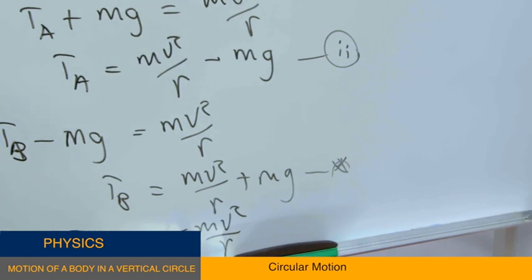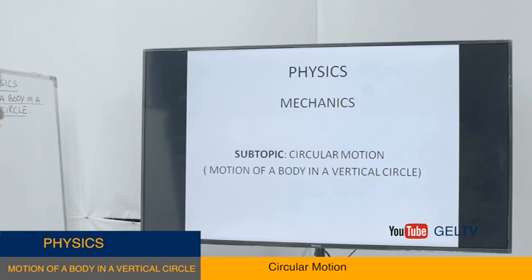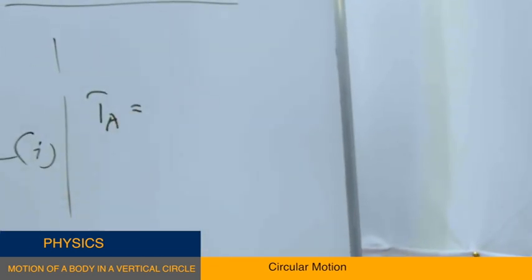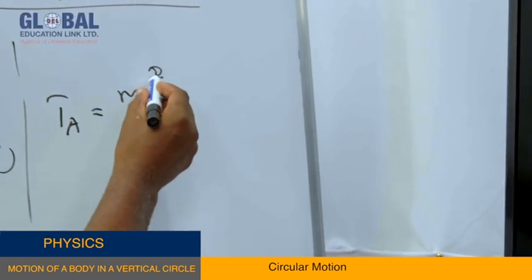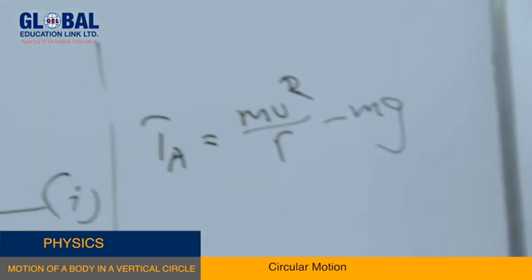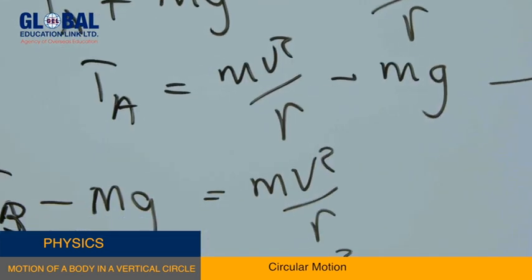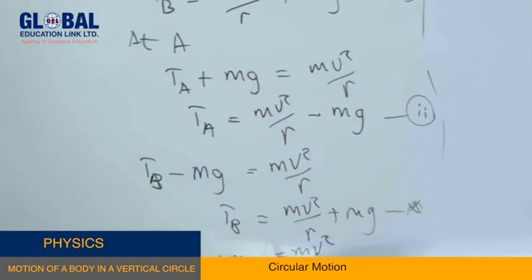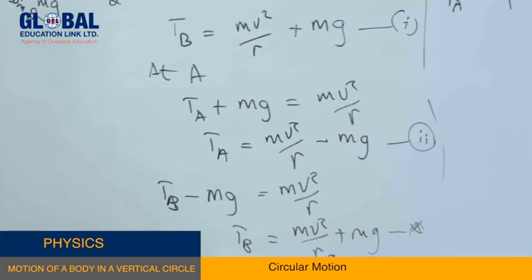And if we look for the value of the tension at that particular point A from that expression, this will just be equal to mv squared over r minus mg. And this expression is the same as the one here, which is the minimum tension in the string whenever a body is passing at the top.